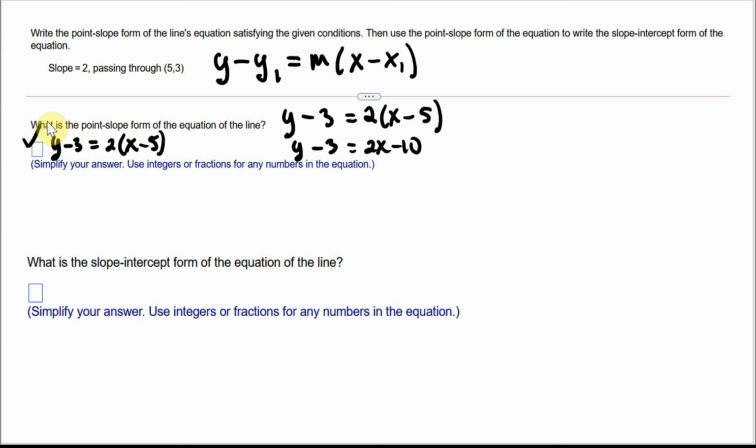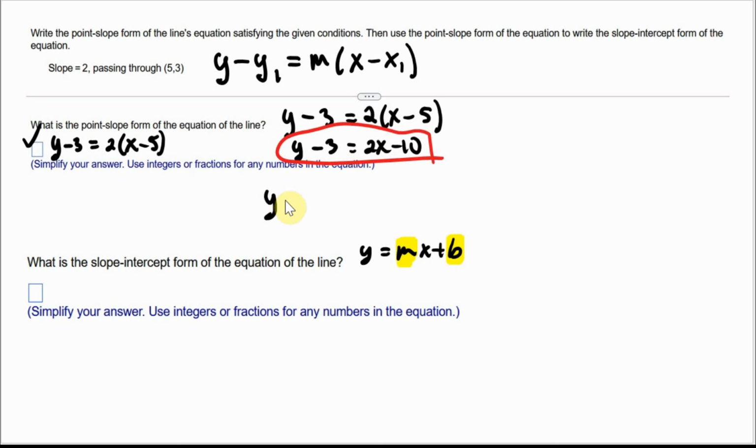And then once you have that, we simplify, and then it says, what is the slope-intercept form? Now that slope-intercept form looks like this: y equal to mx plus b. So m is the slope and b is the y-intercept, slope-intercept form. So basically, if I come back here, this is where I left off, I'm just going to add 3 on both sides, and then I get what I want, right?